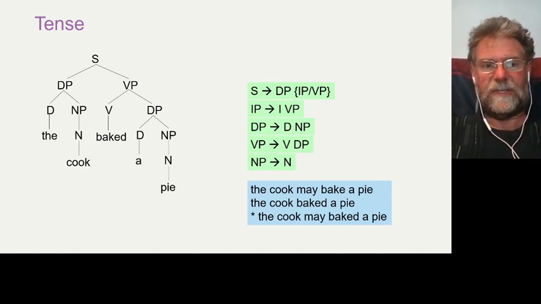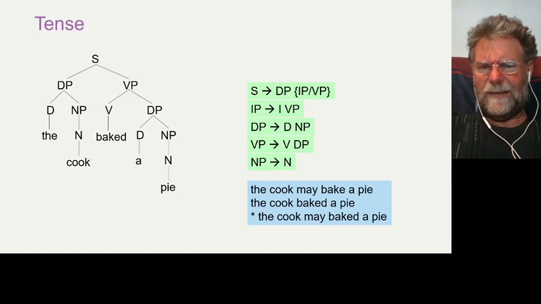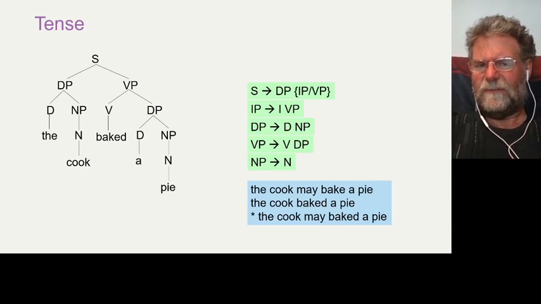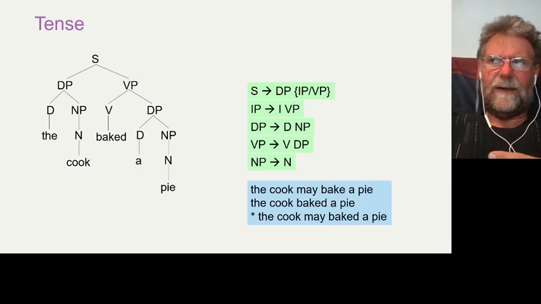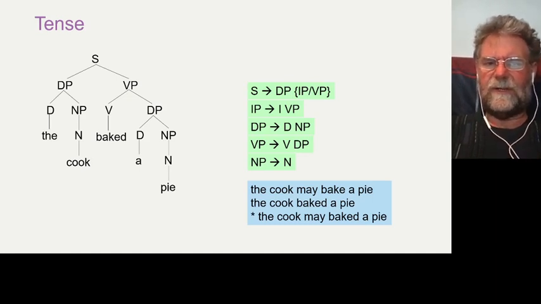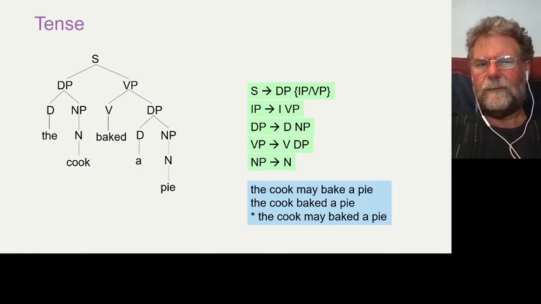They're in complementary distribution. And therefore, this observation would seem to suggest that the inflection modal element and the tense morpheme are trying to occupy the same position. And of course, that's a very strange thing to say. Until we notice that what we're talking about here is an inflectional morpheme.